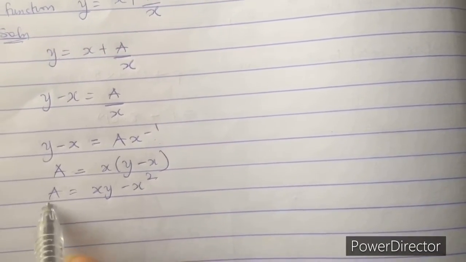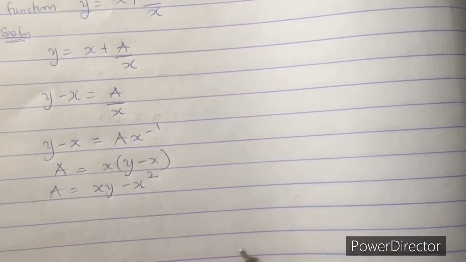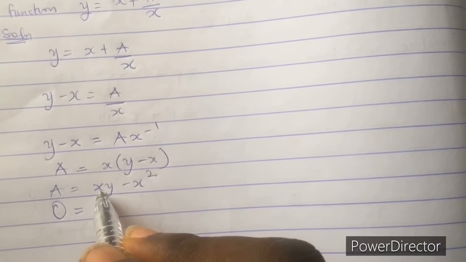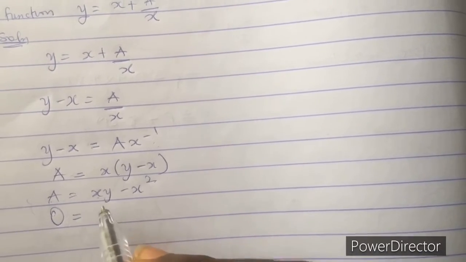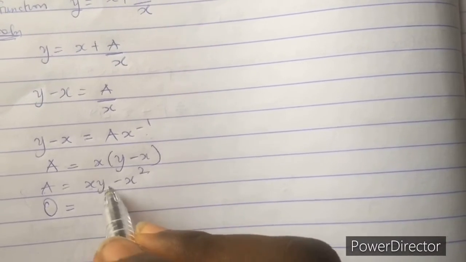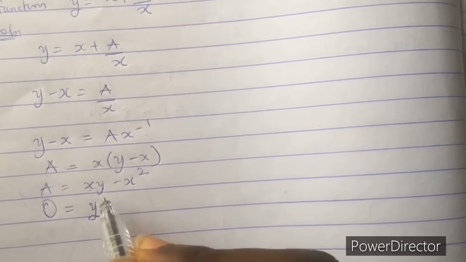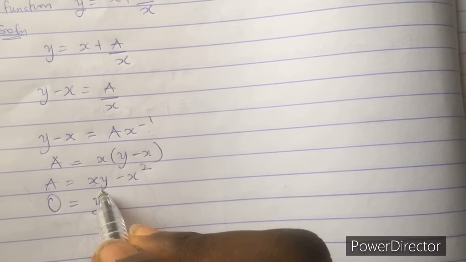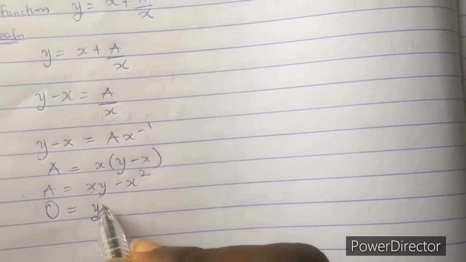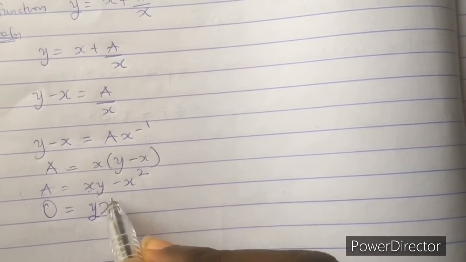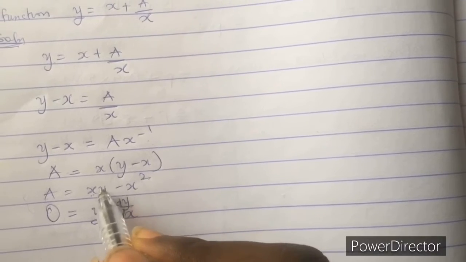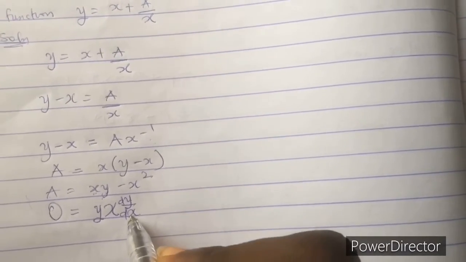When you differentiate a constant, your a, it's simply 0, and when you differentiate xy, the derivative of x is 1, so it will remain 1 times y, that is still y. And when you differentiate your y, it will remain x times dy/dx.